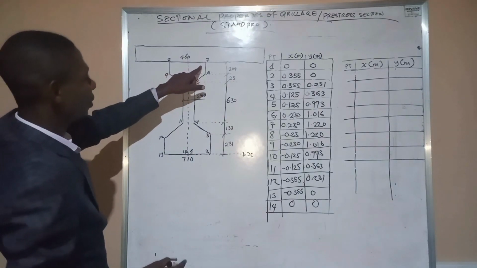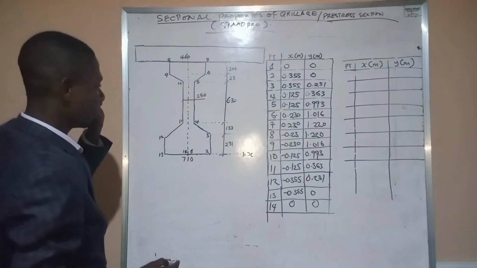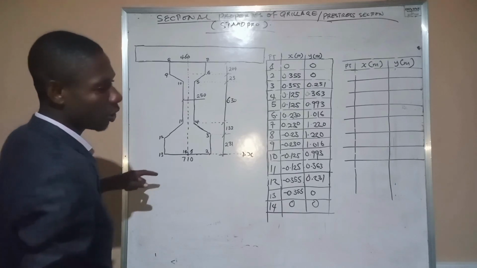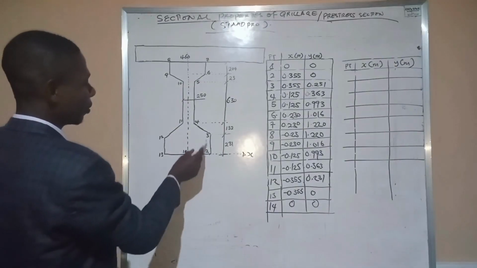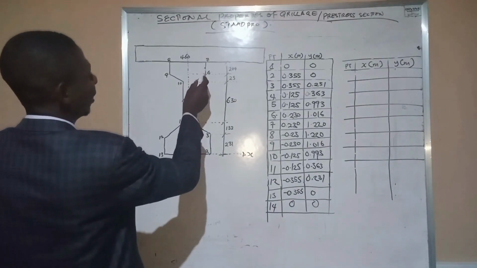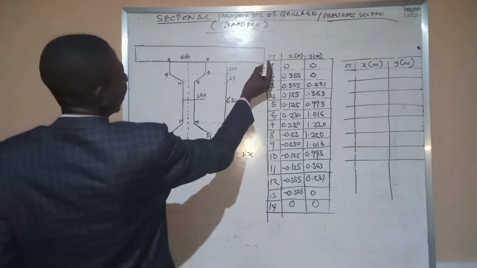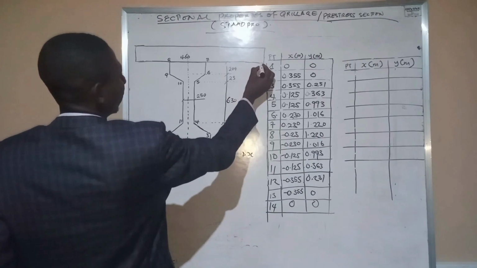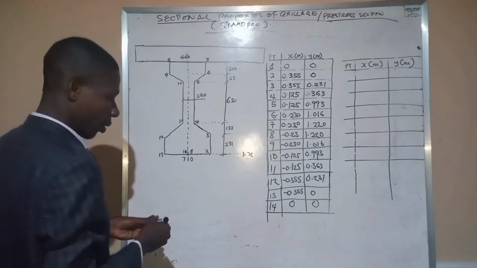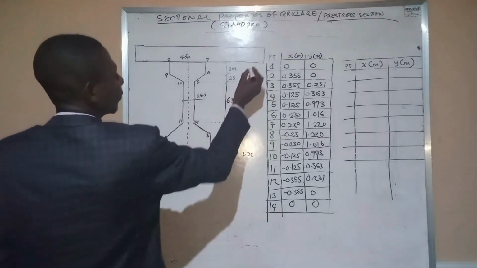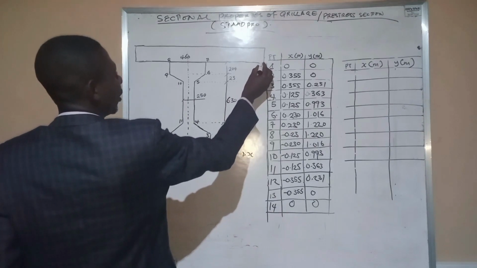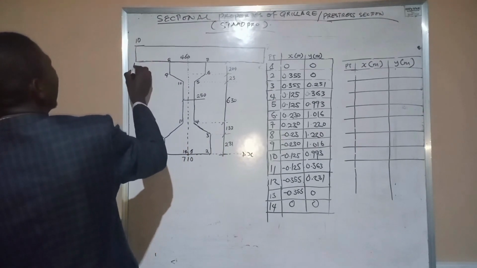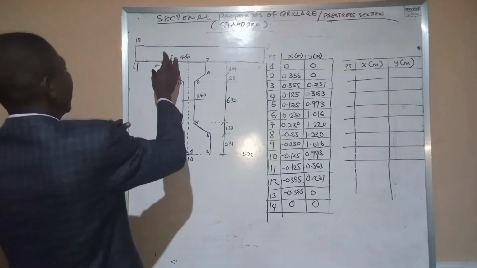Now remember, we've taken here to be 7. What we just need to do is change the position, our numbering. Let's number this way: 1, 2, 3, 4, 5, 6, 7. Let's call here 8, 9, 10, 11.